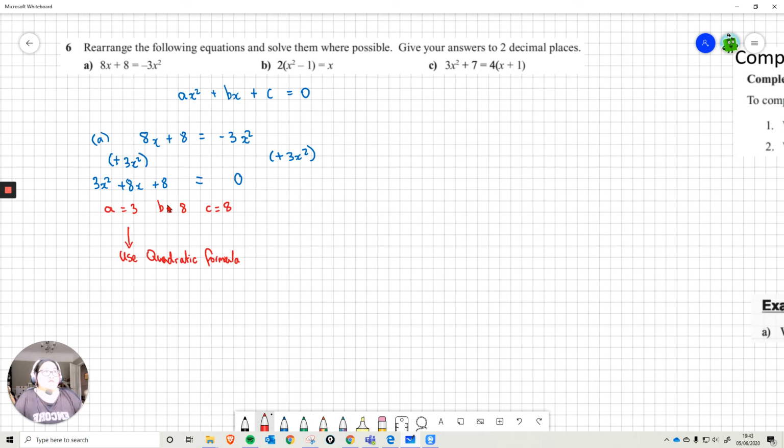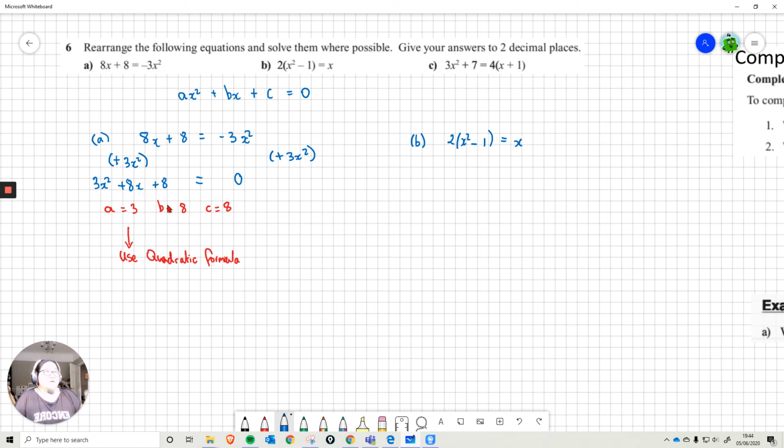Now, if we have brackets involved, like in b, so I'm going to do b here. Again, the general format of a quadratic equation doesn't include any brackets, so that's an indication for you to get rid of those brackets first.